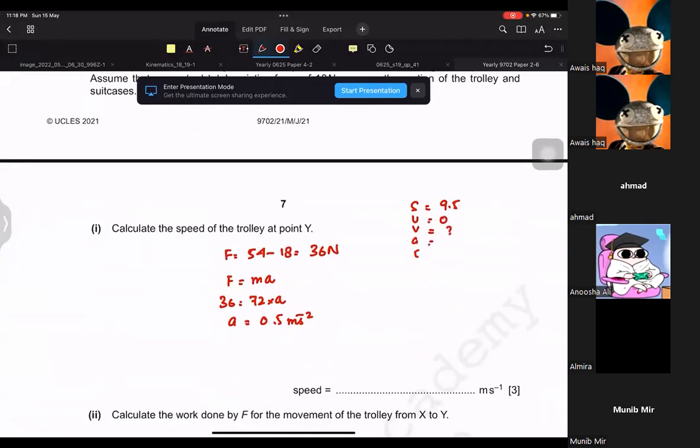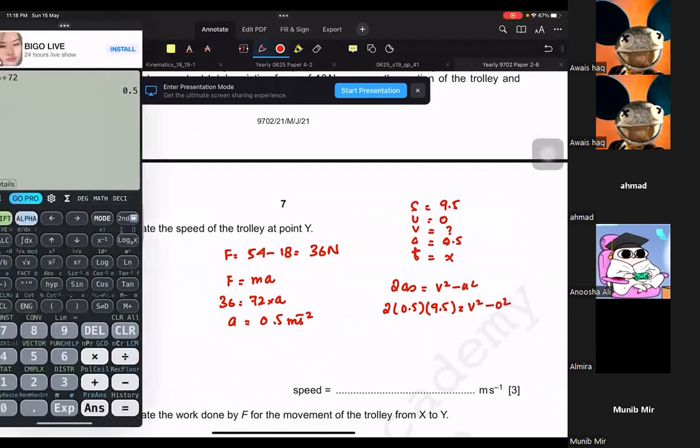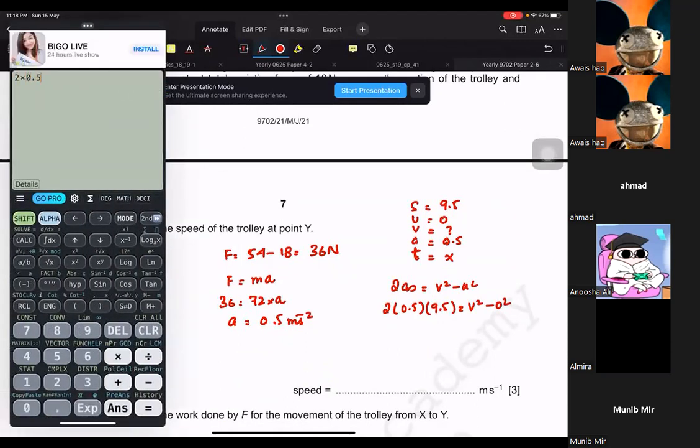Acceleration is 0.5 and time is not given. So 2as equals v squared minus u squared: 2 times 0.5 times 9.5 equals v squared minus 0 squared. Square rooting the answer, that's 3.1.